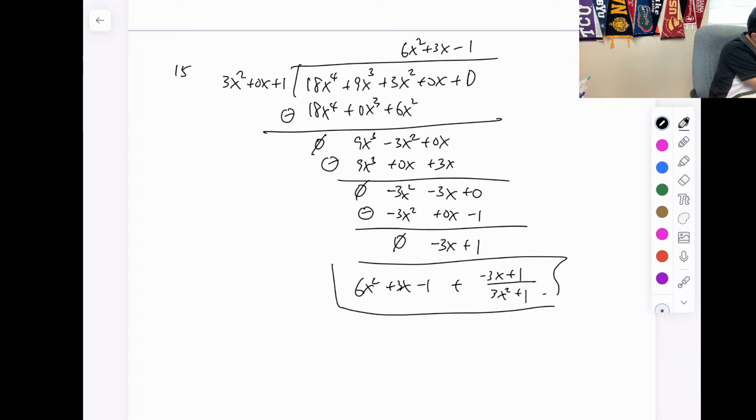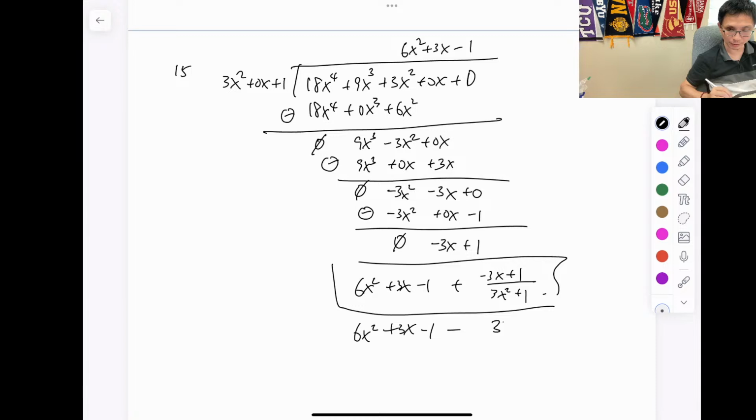Oh, the book did not make a mistake. They just pulled out a negative sign. They just subtract this negative sign. Now this one, if you factor out the negative sign, this will get 3x minus 1 over 3x squared plus 1. So same answer.